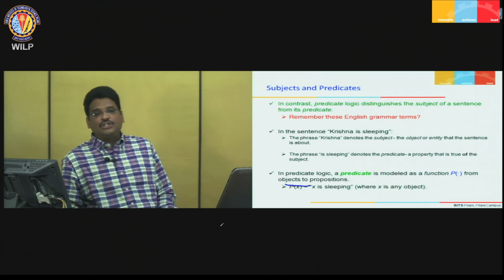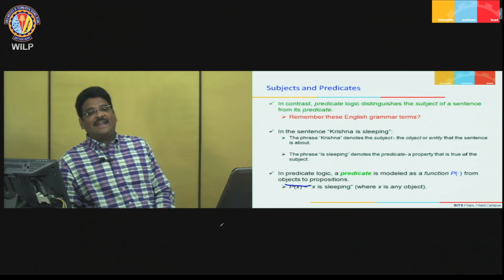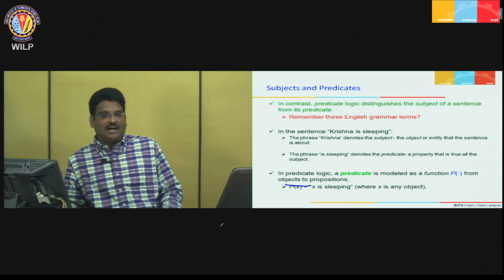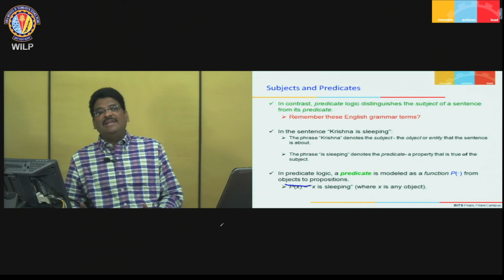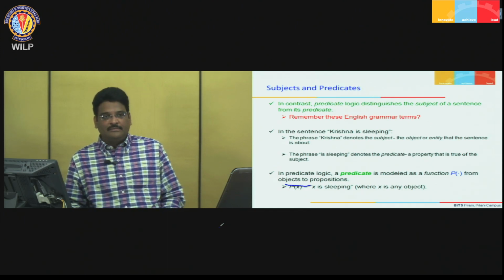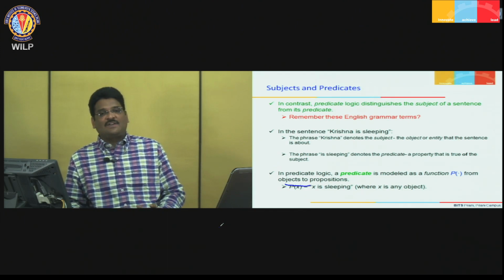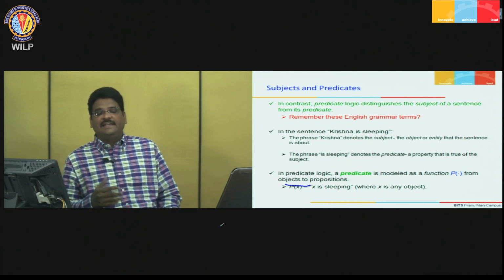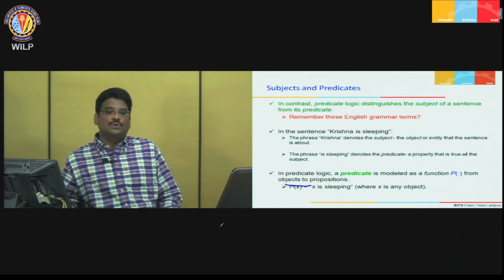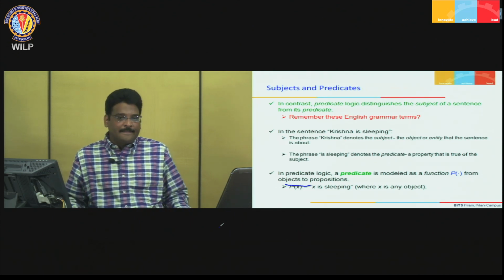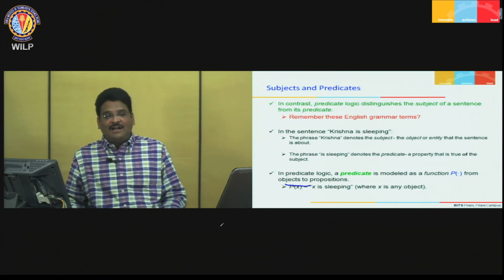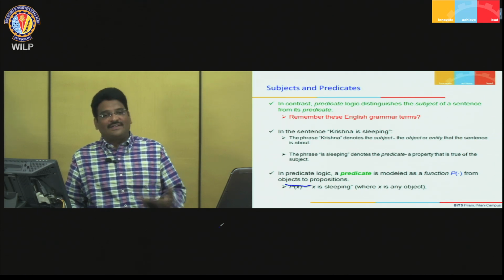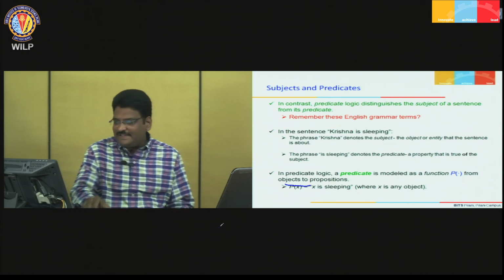When I substitute x with a given object like Krishna, it becomes a meaningful proposition. In place of x, if I substitute Krishna, Krishna is sleeping. If he is sleeping, the truth value of the statement is true, otherwise it is false. I can substitute Rama, and if he is sleeping, the truth value is true, otherwise it is false.